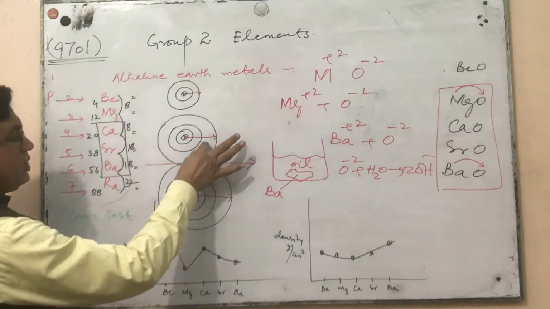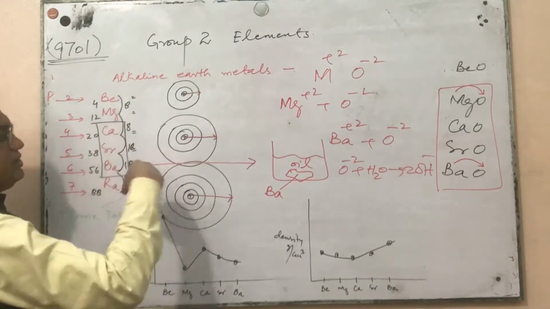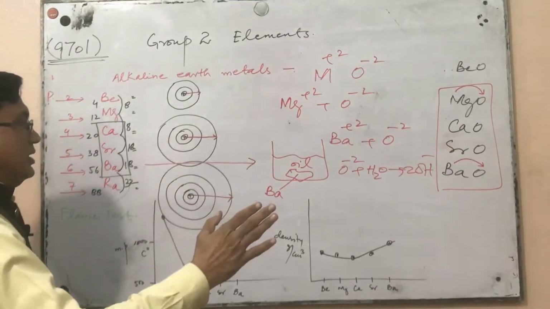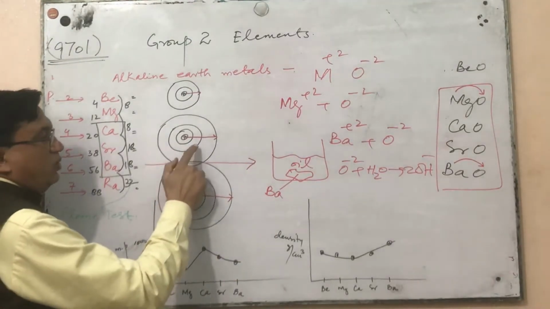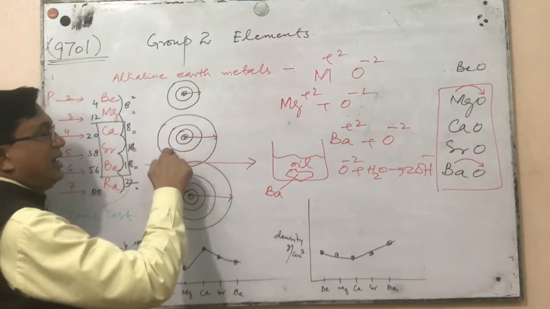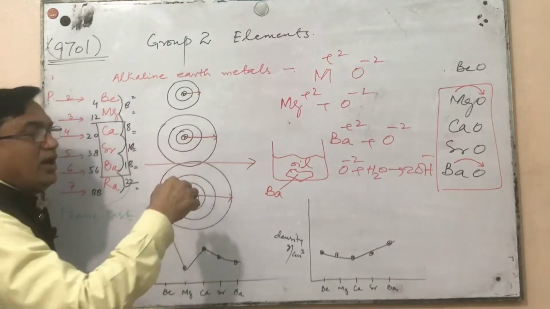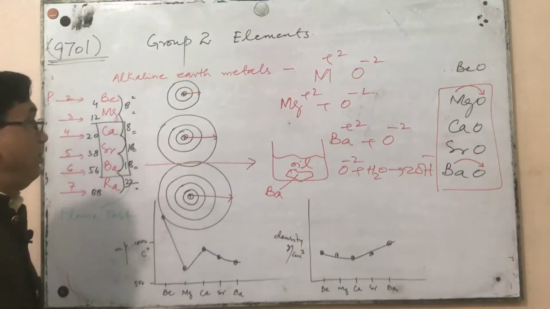What happens in magnesium? No doubt the number of protons is increased. It becomes 12. But side by side, what happens? One shell containing 8 electrons is also involved and the shielding effect is increased considerably.